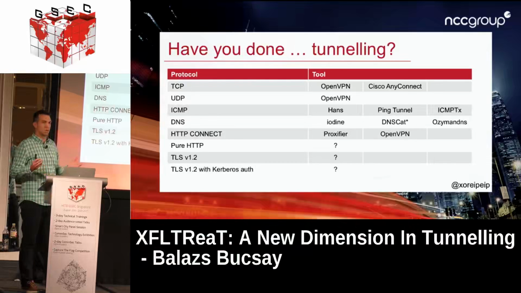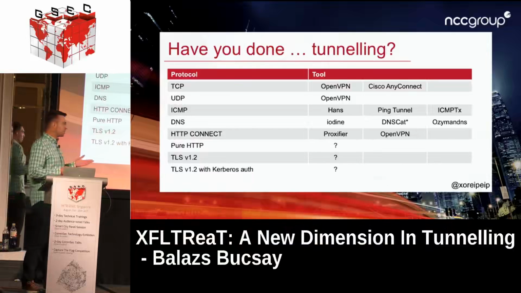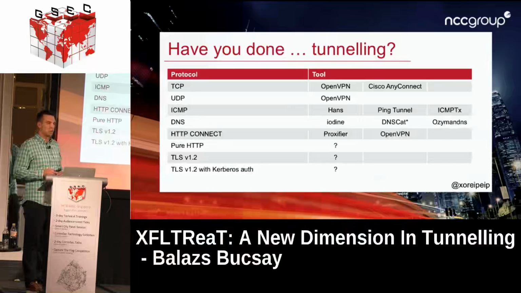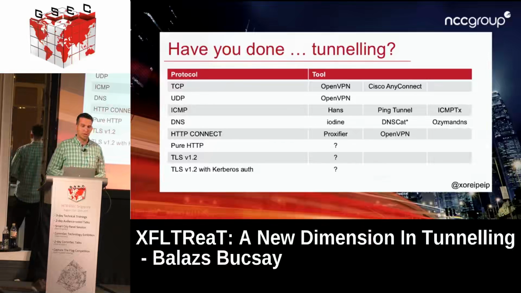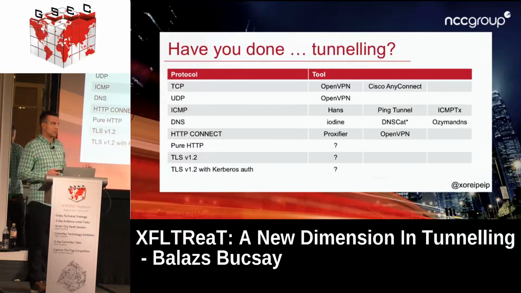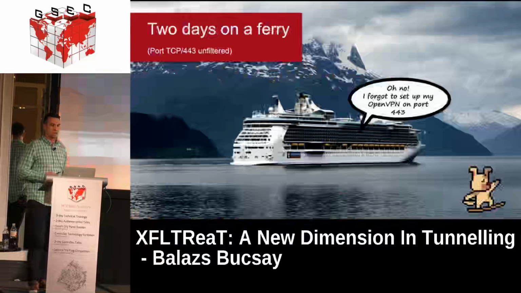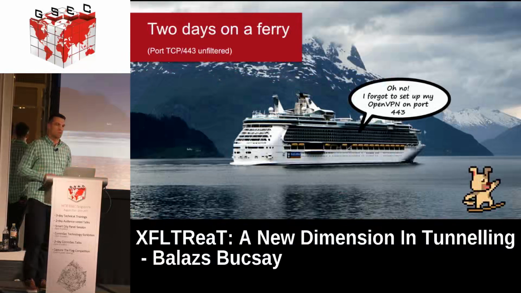What if you have a proxy which allows you to do connections over TLS version 1.2 only? I don't think there is a tool that you can use for that, or I didn't find one, but I'm more than sure if it's TLS version 1.2 with, for example, Kerberos authentication, then you are screwed. You can't really do anything at the moment. You have to write your own tool.